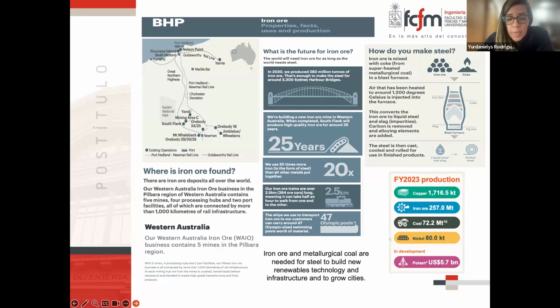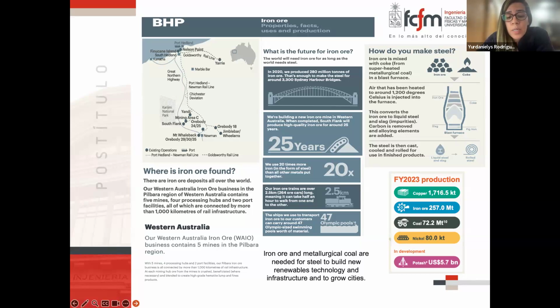Western Australia Iron Ore, known as WAIO, is an integrated system of 4 processing hubs and 5 mining hubs connected by more than 1,000 kilometers of rail infrastructure and port facilities in the Pilbara region of northern Western Australia.